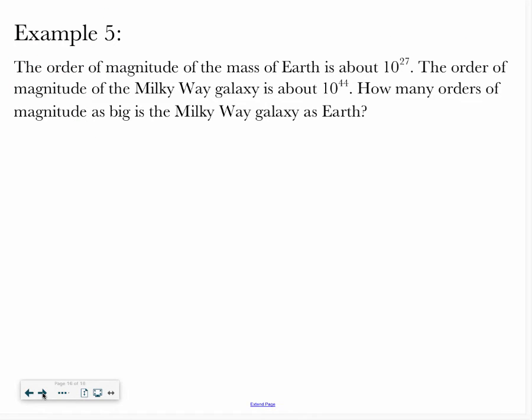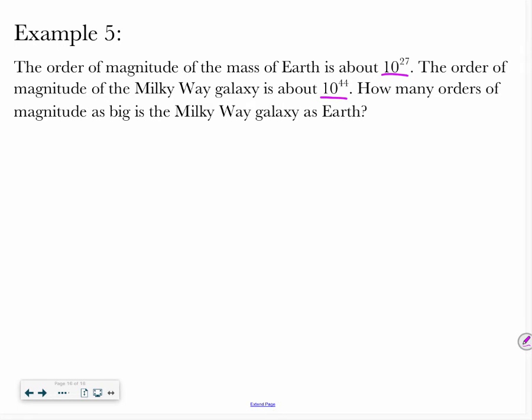And we have our last example here. We're going to talk about the order of magnitude. The order of magnitude of the mass of Earth is about 10 to the 27th. The order of magnitude of the Milky Way galaxy is about 10 to the 44th. How many orders of magnitude as big is the Milky Way galaxy as Earth? So something to know about what an order of magnitude is.